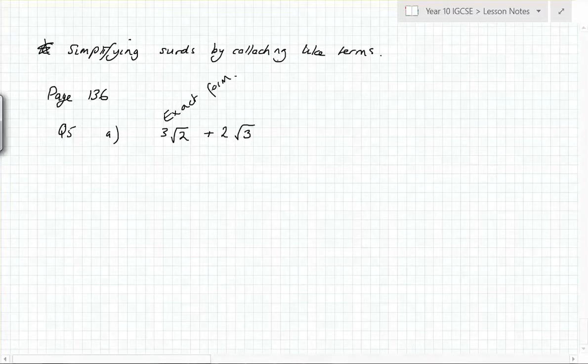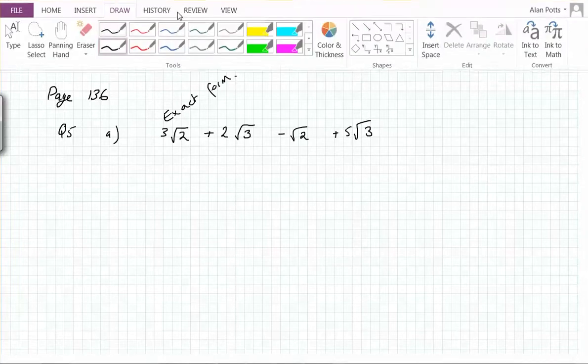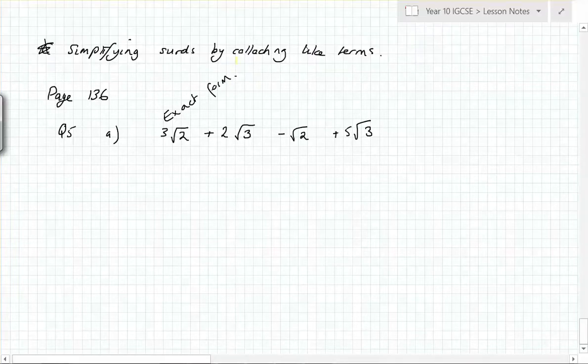But if I've got 3 root 2's, 2 root 3's, and I subtract a root 2, it makes sense that if I've got 3 root 2's and I subtract a root 2, I'm left with only 2 root 2's. But before we do that, we finally add 5 root 3's. So what we do is what you've done in algebra, which is collecting like terms.